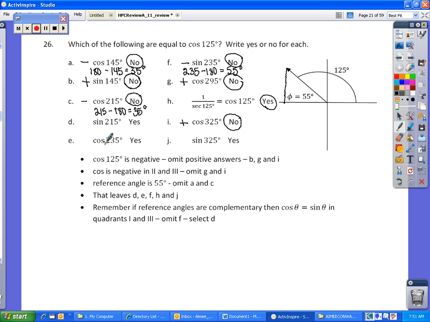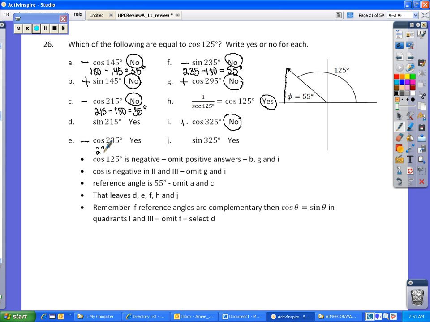Alright, so now that kind of narrows our choices right now. I want to come back to D in just a second, but I do want to go ahead and talk about E and J. So let's look at the reference angles for E and J. Cosine of 235, that is in the third quadrant, which means it's negative.